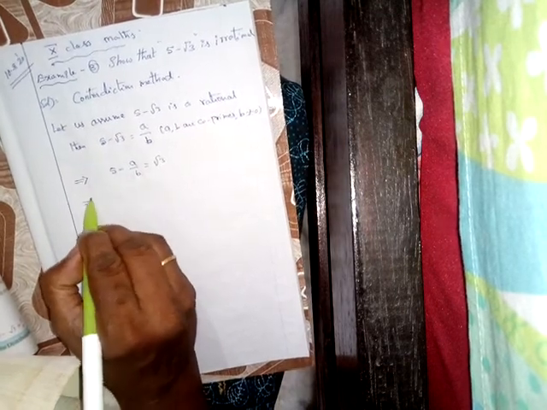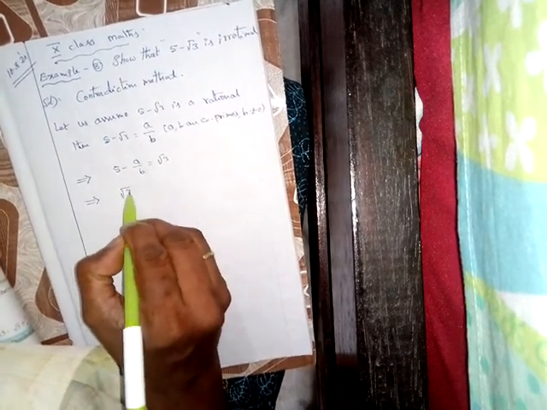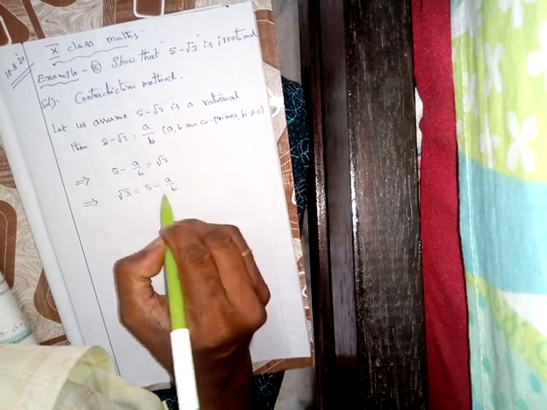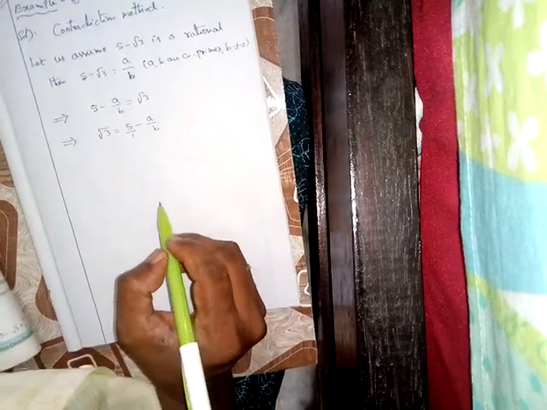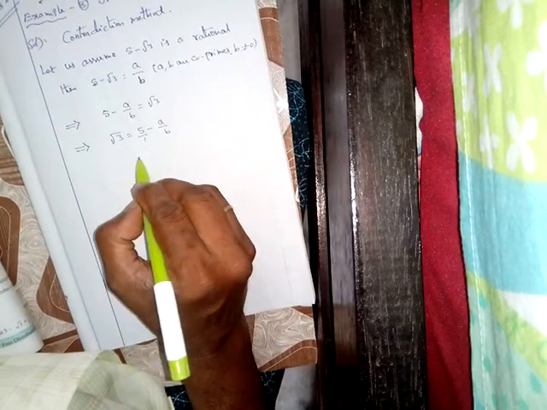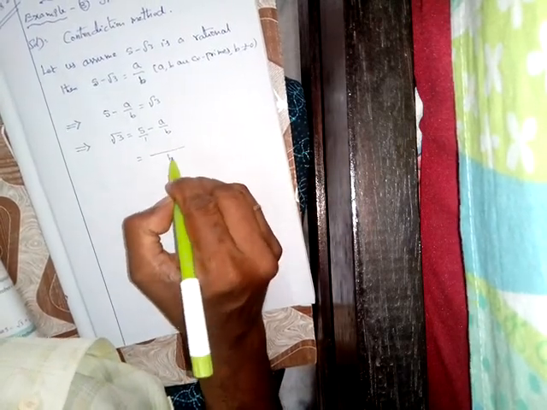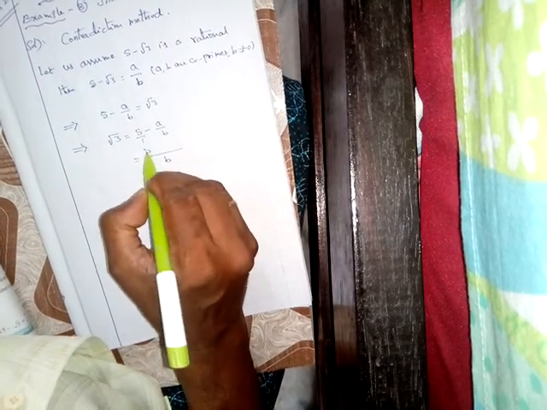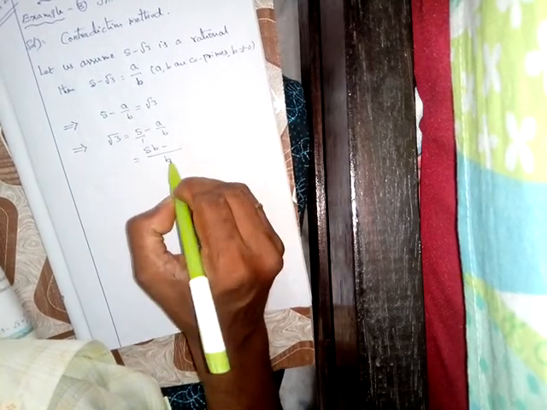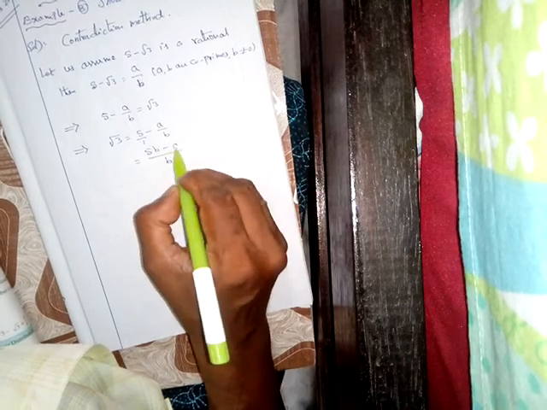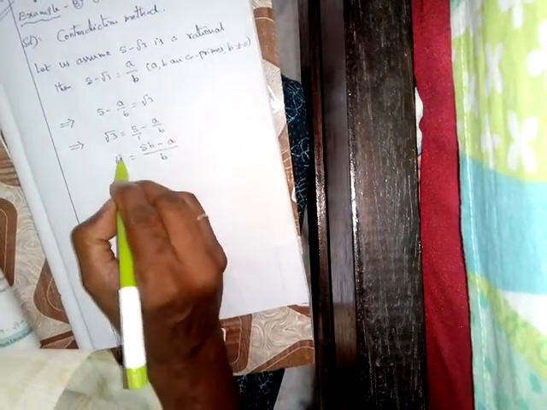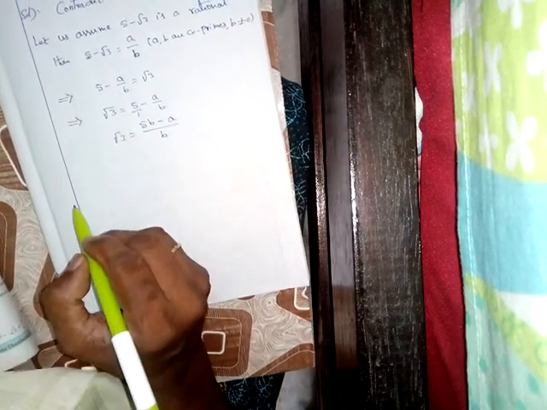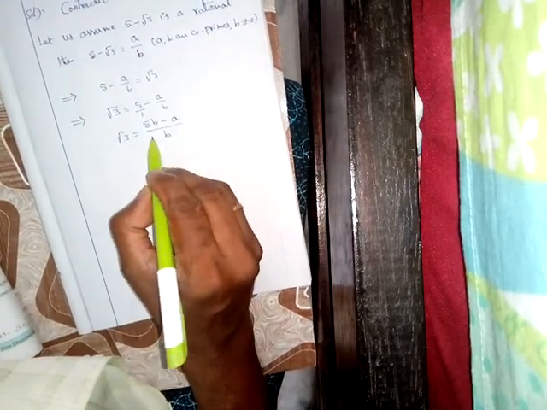By rearranging, root 3 is equal to 5 minus a by b. 5 means 5 by 1, so the LCM of 1 and b is b. In b, 1 goes b times, so b into 5 is 5b, minus a. So root 3 equals 5b minus a by b.